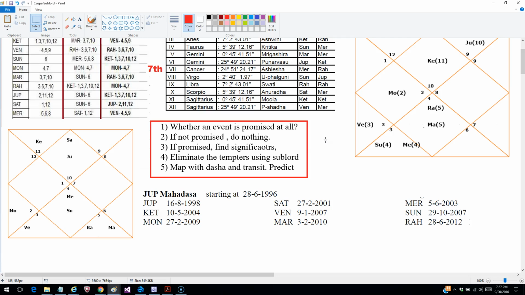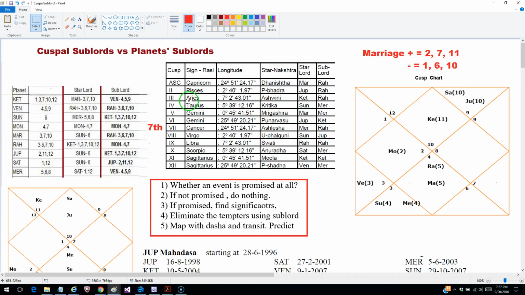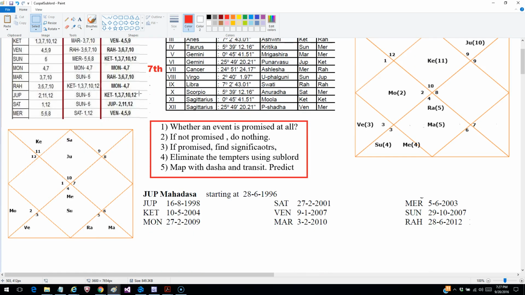Now, another thing I wanted to point out to you is, if you look at this horoscope, and this person, who is a male, asks you about his career, so now you have to predict.